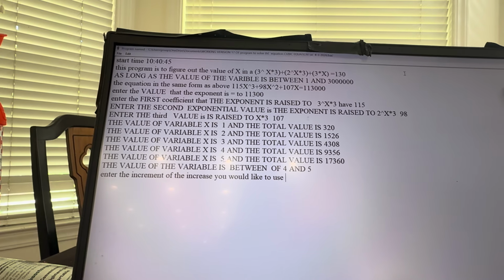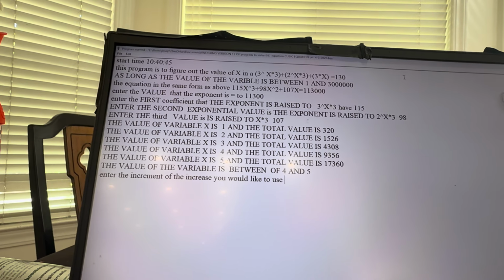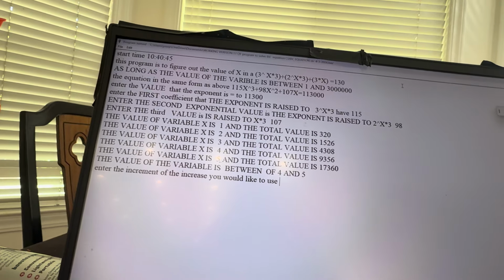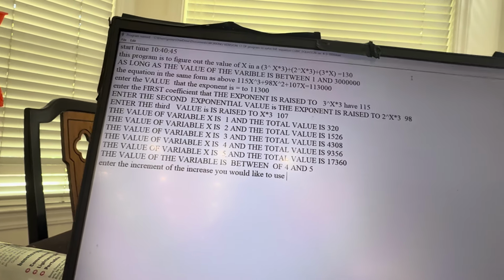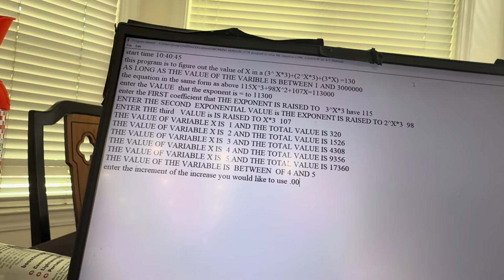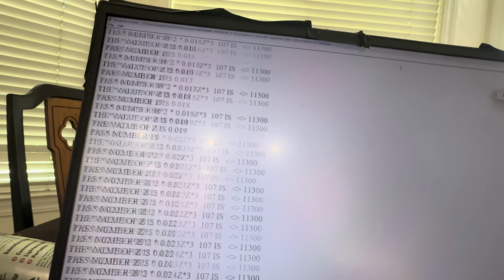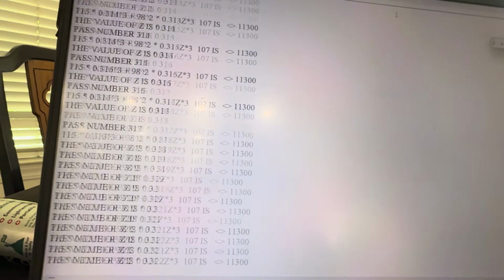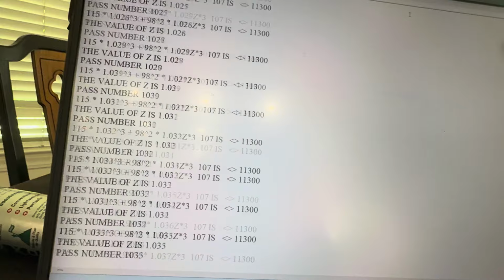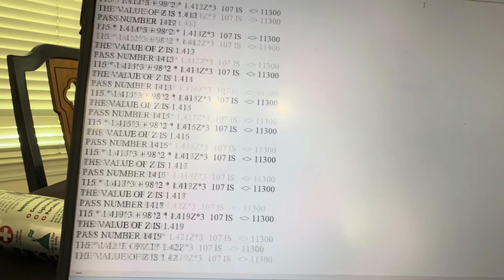I put in 11,300. Okay, so I'll run this one, and I'll run it again with 113,000. I put it in wrong, so I'll do the same program with 113,000 after this.